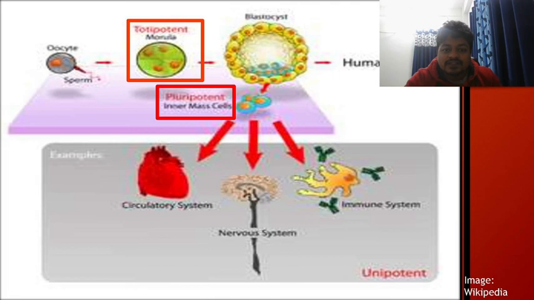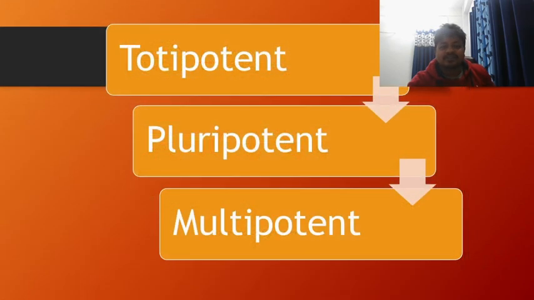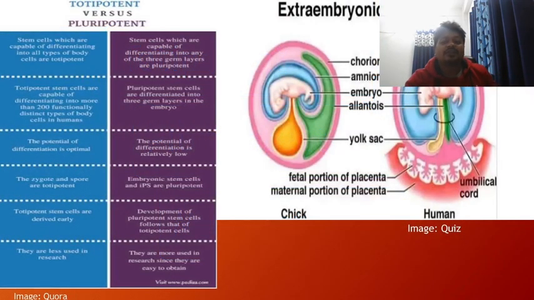And these pluripotent stem cells in the inner cell mass produce different types of multipotent stem cells. And after that, with losing this potency, the unipotent stem cells are produced. They will divide and produce only one type of cell, specific for that tissue, specific for that region. So this is the broad potency of stem cells. You can see here, with time, totipotent stem cells become pluripotent stem cells, and pluripotent stem cells then become multipotent stem cells.